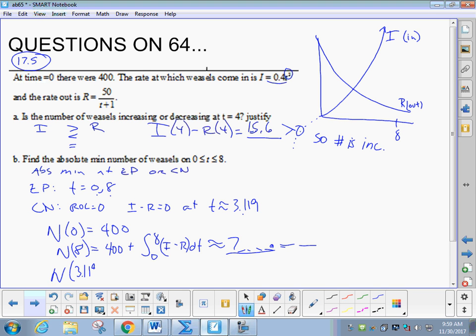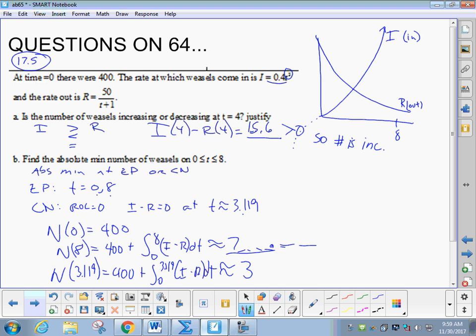The number at 3.119 is 400 plus the integral from 0 to 3.119 of in minus out. I think that was something like 380 something, or 330 something, 338, I can't remember. Yes?